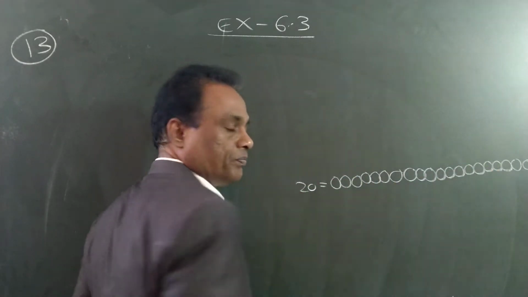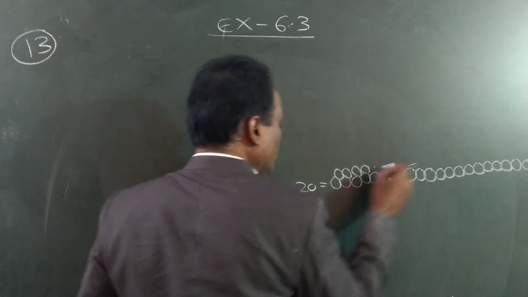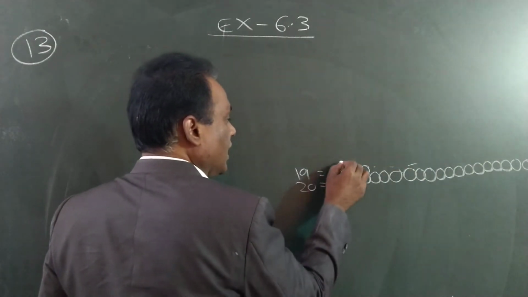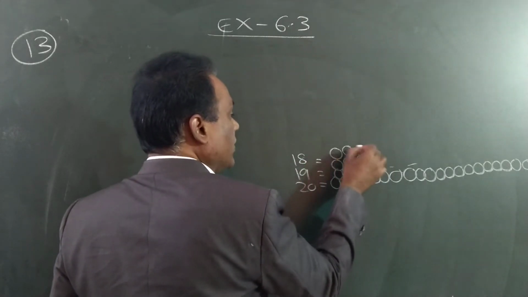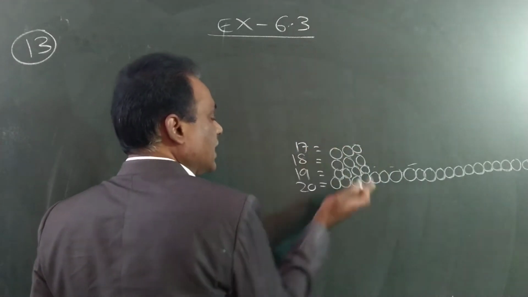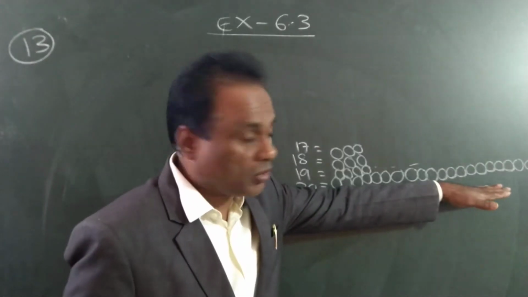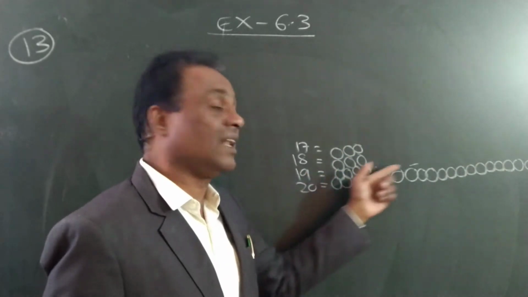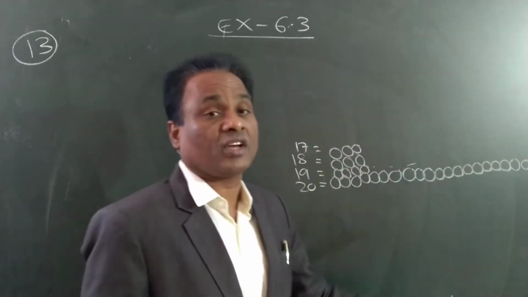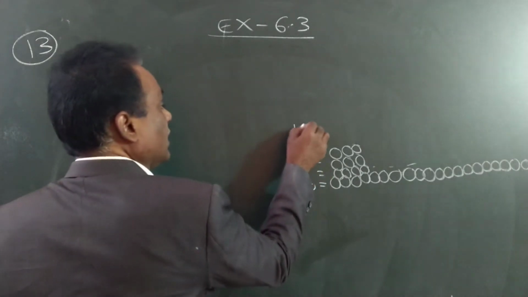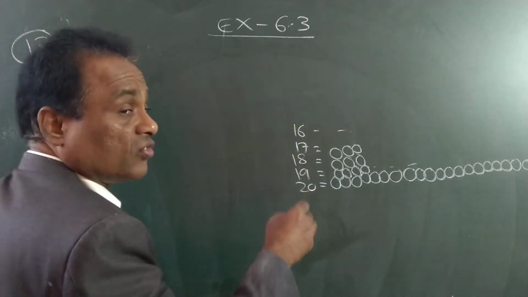Above it 19 logs are arranged, above it 18 logs, above it 17 logs, above it 16 logs, like this. So total how many logs do we have?